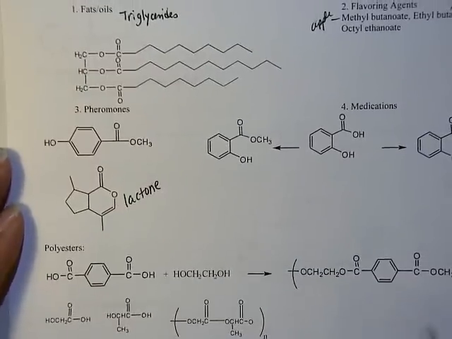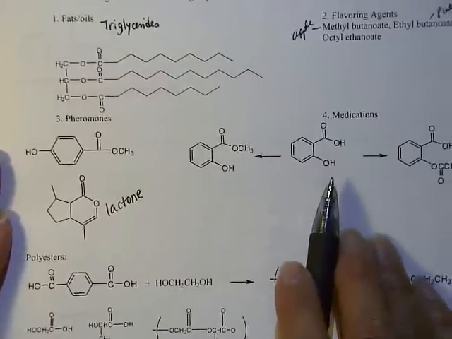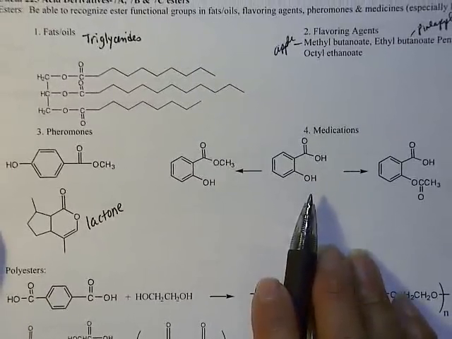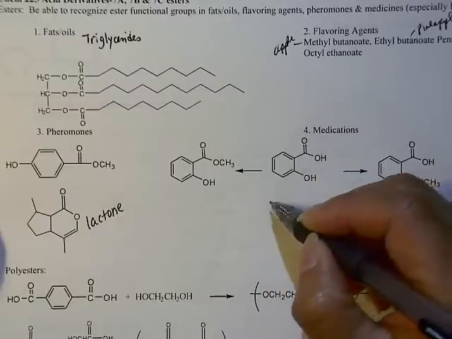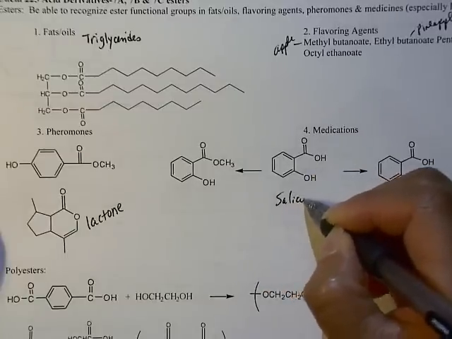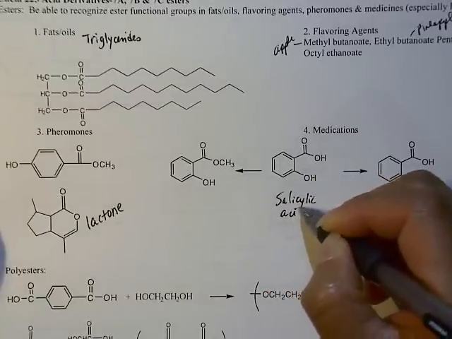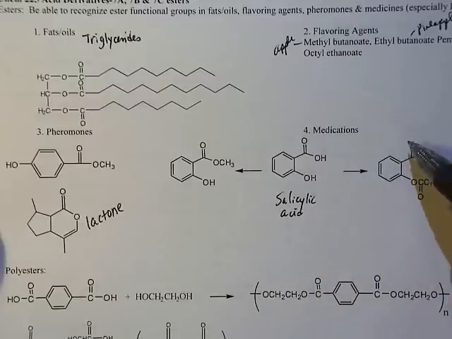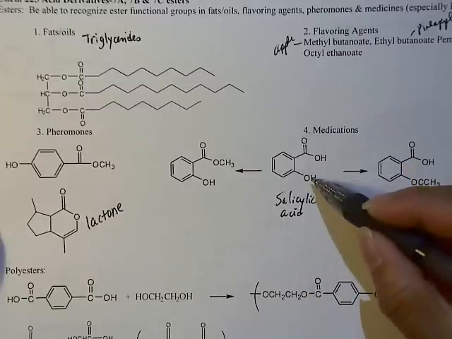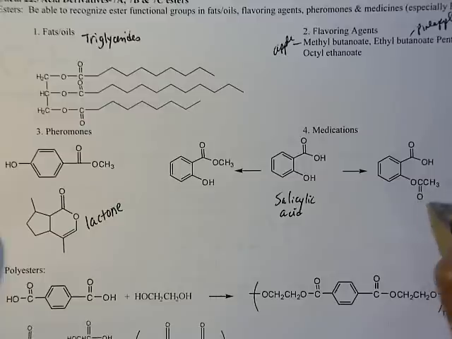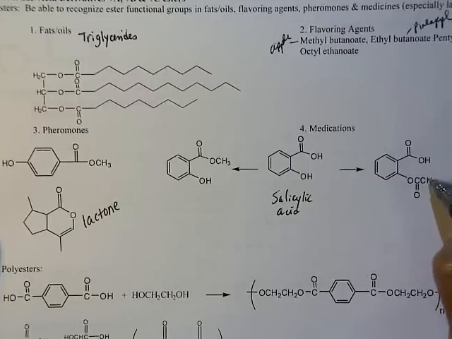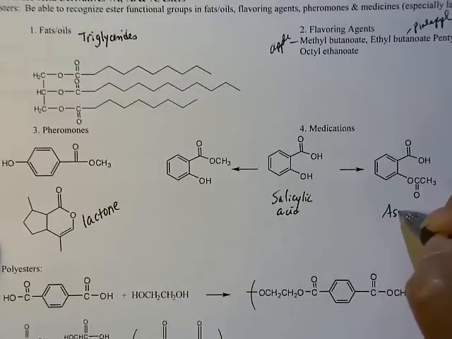Now, in medications, we find ester groups everywhere as well. This is the structure of salicylic acid. If you take this alcohol and make it into an acetic acid ester, then what you're creating is aspirin.